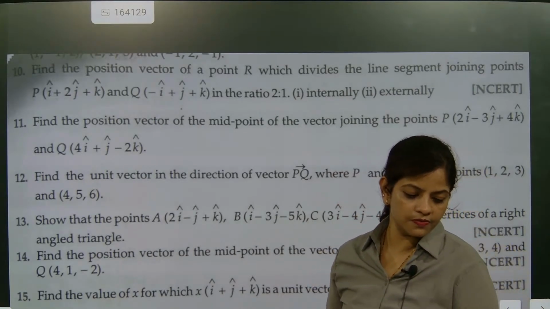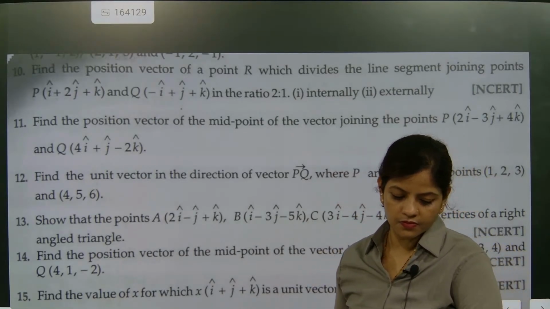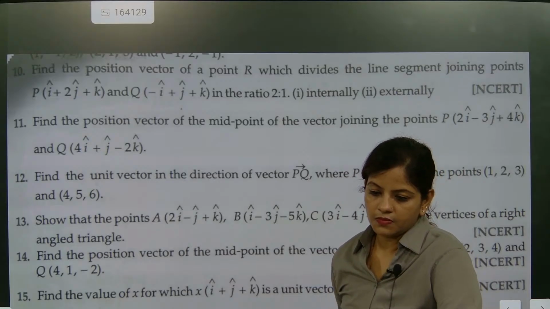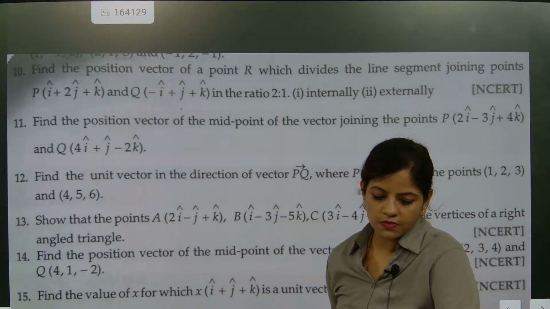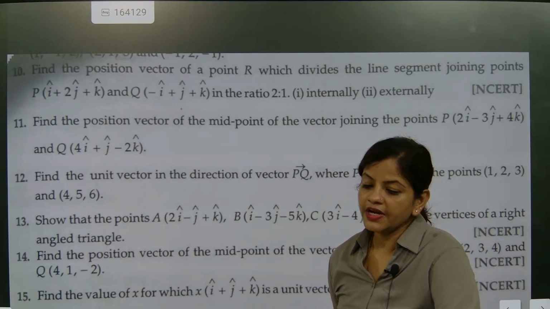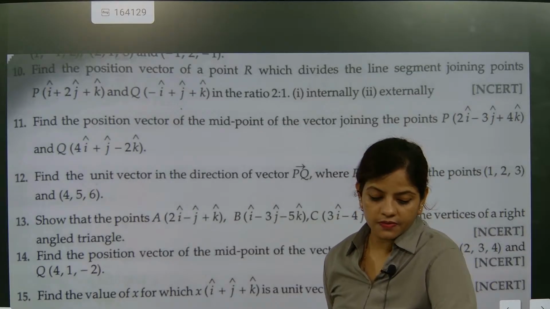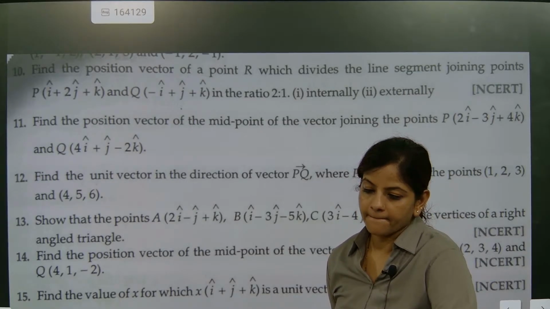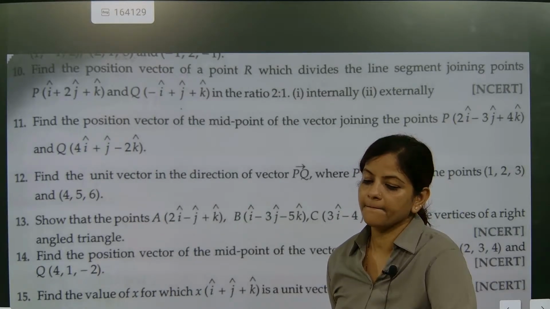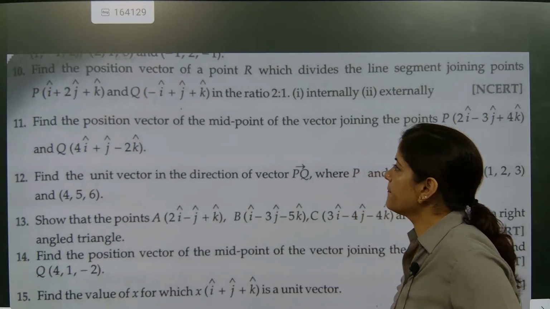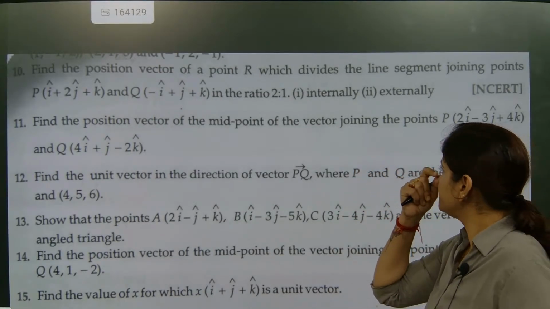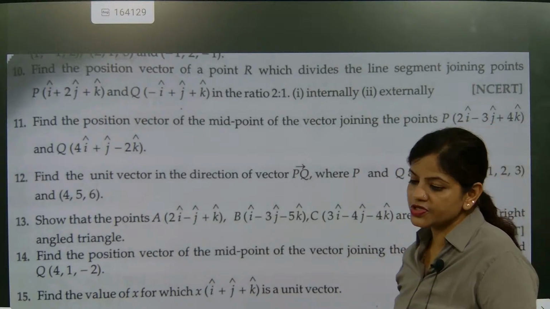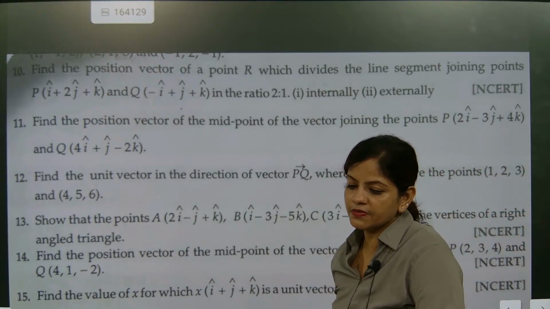10th question, go. Internally and externally. I'm going to solve this question because this is an NCERT question. Question number 10 is an NCERT question.